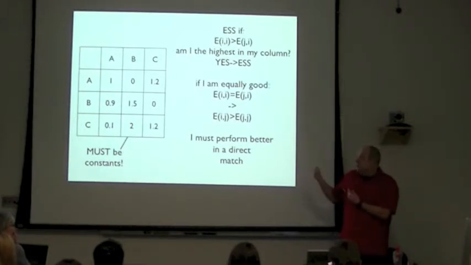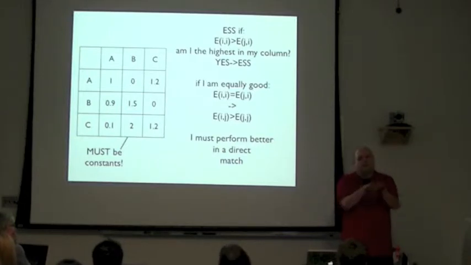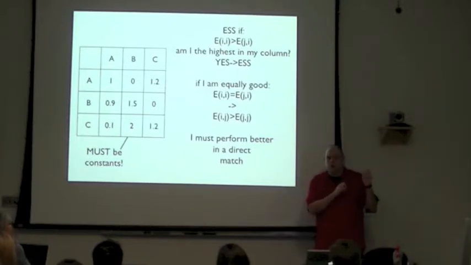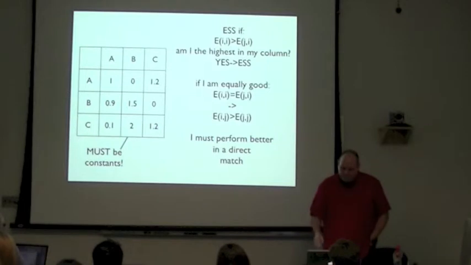Or if you have a situation where you equilibrate, then both strategies are evolutionary stable because they're going to survive this game. That's where evolutionary stability comes in. I'm going to discuss this evolutionary part of evolutionary stable strategies in a minute.